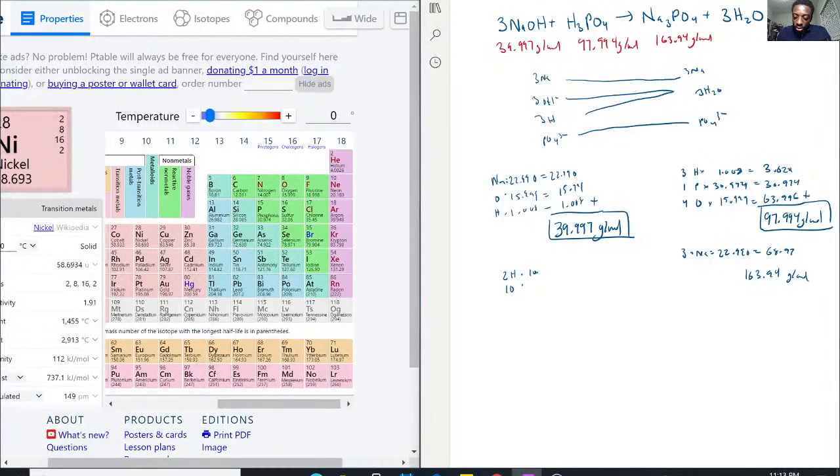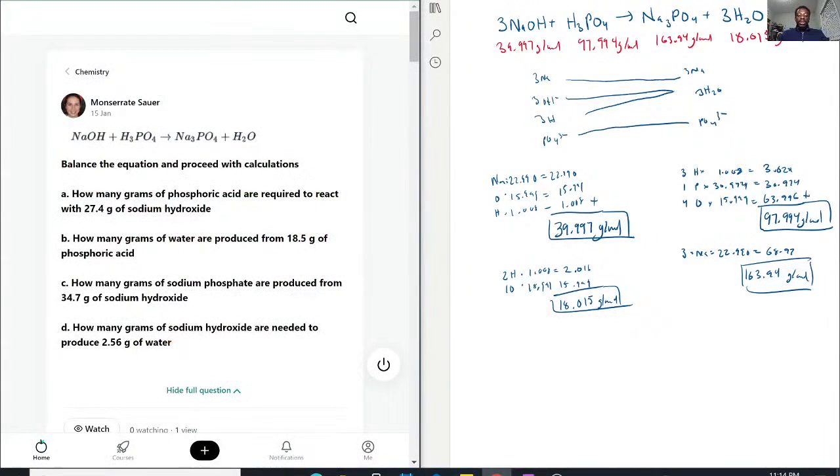That's 1.008 and 15.999. 2 times 1.008 is 2.016, plus 15.999, and we get 18.015 grams per mole. So there we have it. All of them are now calculated and ready for the quick conversions we'll be having to do for this question.